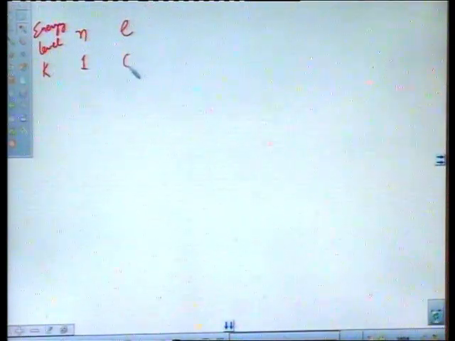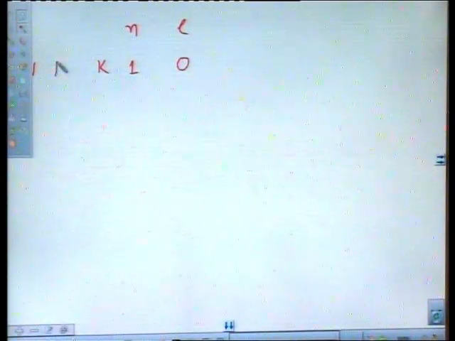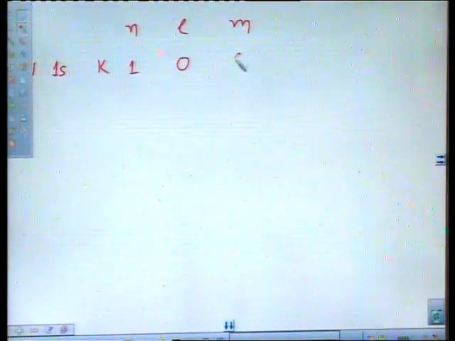The first value of n is 1, and this energy level is called K. For this value of n, the value of L is 0, and the value of m is also 0. The name of this orbital is 1s.